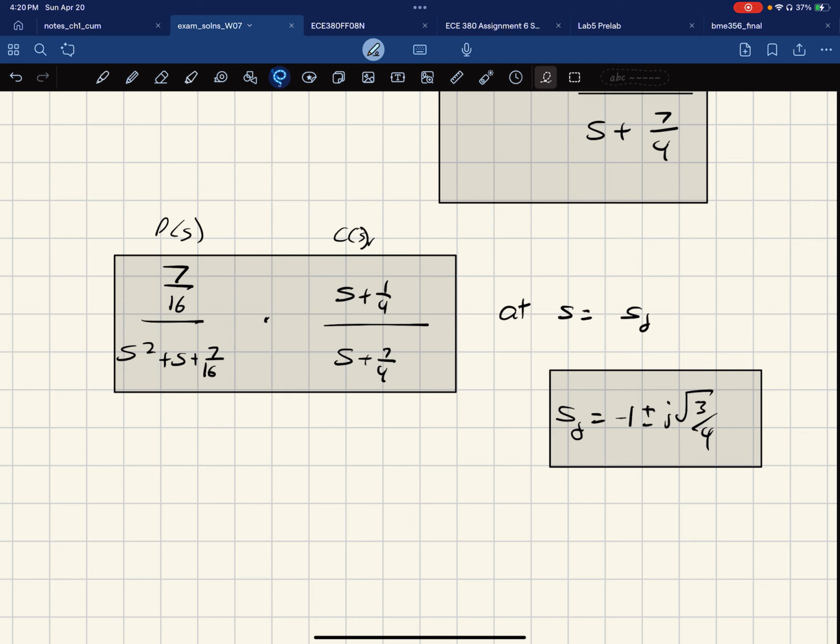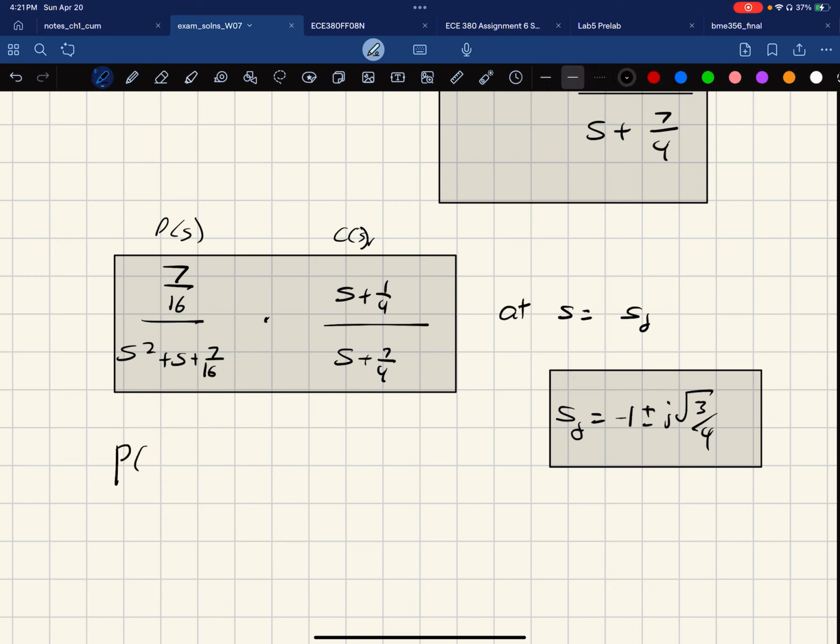Then you say 7 over 16 all over x squared plus x plus 7 over 16, multiplied by (x + 1/4) over (x + 7/4), and you get, and I know I'm right because the numbers are very nice.